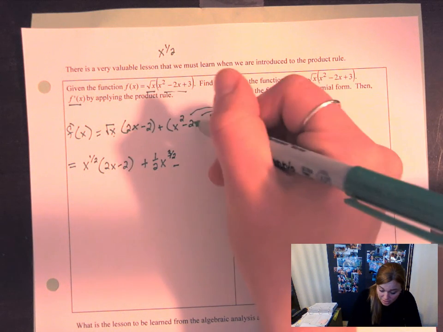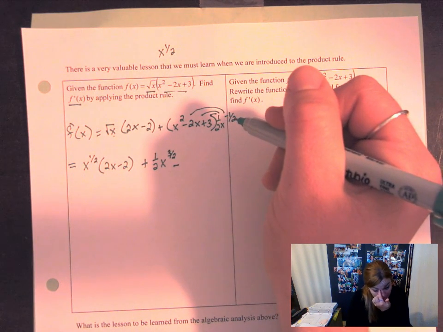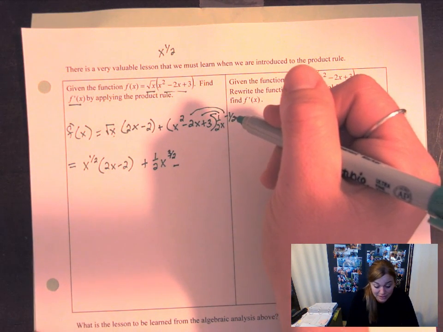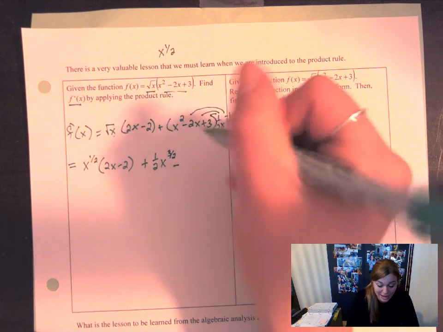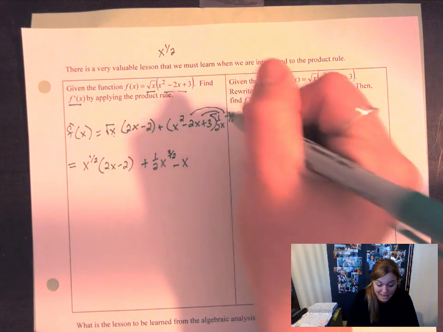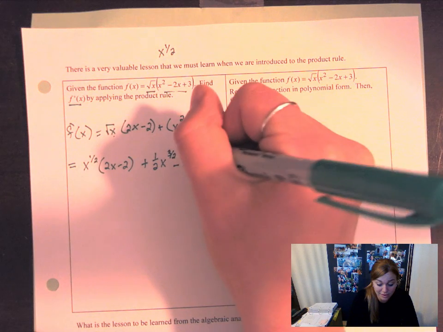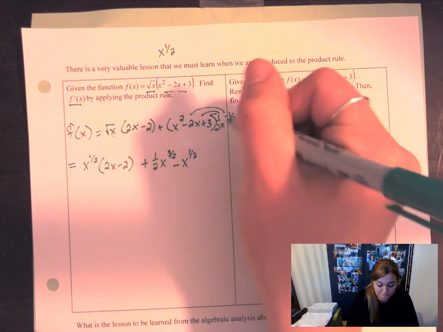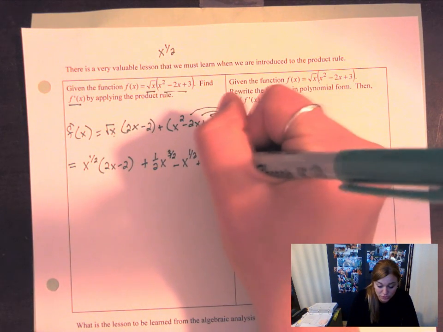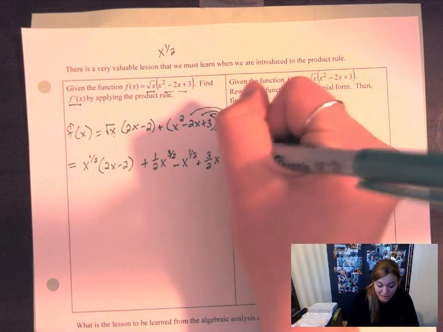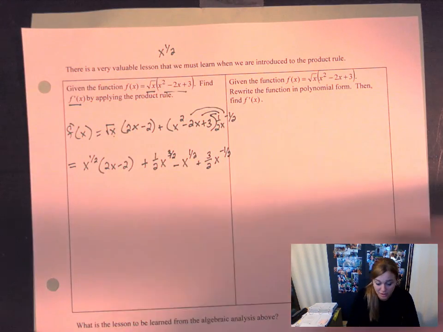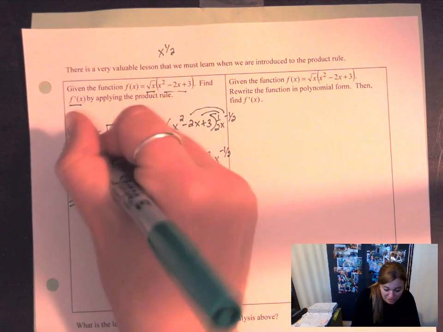Minus, here it would become x to the 1/2 times x to the negative 1/2. I would add the exponents together. I would get x to the 1/2 power plus 3/2 x to the negative 1/2 power. I'm almost done simplifying this as much as I want to.